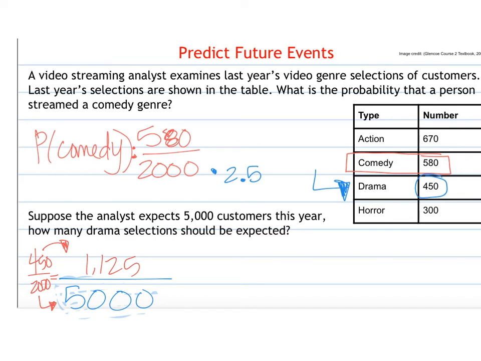So now we went from experimental. This is my experimental probability. Like, this is actually what happened. So theoretically, of course, if we ask 5,000 people, we're going to be a little off of 1,125. But based on this information, theoretically, 1,125 people out of 5,000 would also like drama.